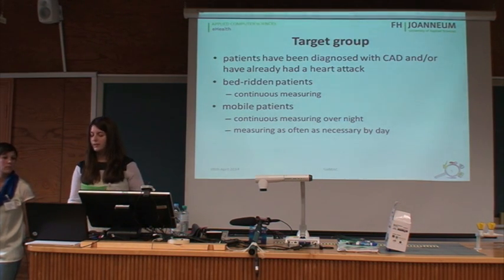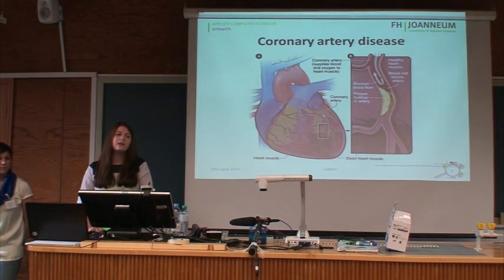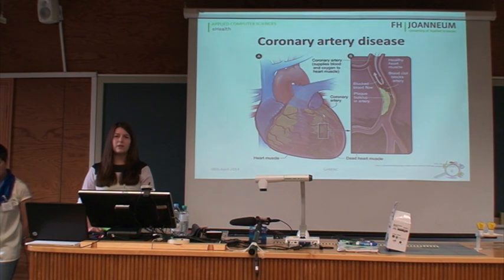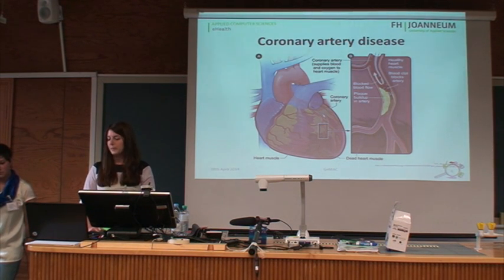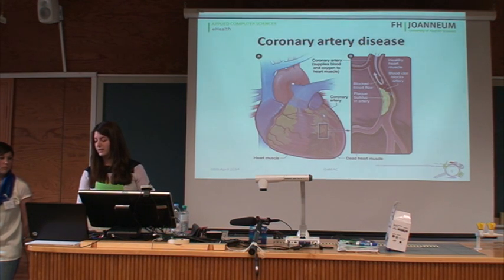So as I mentioned earlier, I will talk about coronary artery disease. We chose CAD because this is the most common heart disease in Europe, and so we think we should do something for that. This disease is a disease in which plaque builds up in the coronary arteries, like you can see here. This is plaque, and this is the coronary artery.